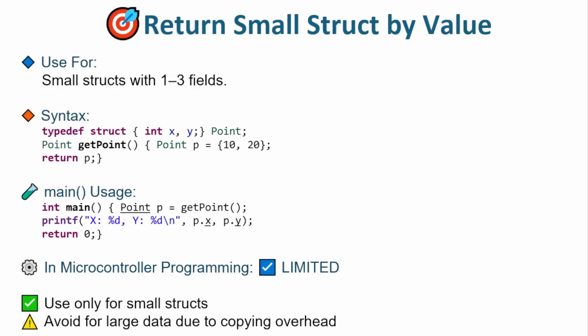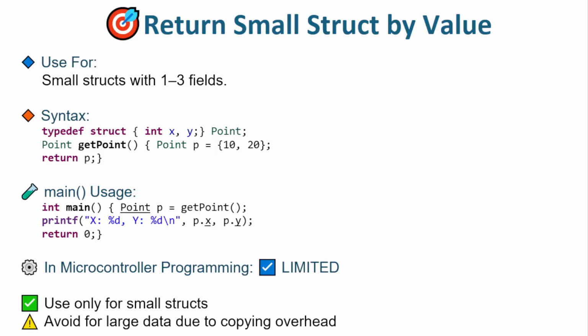In main, you assign the returned struct to a variable and access its fields as usual. Important: use this method only for small structs because returning large structs can be inefficient as it copies all data, which may slow down your program.